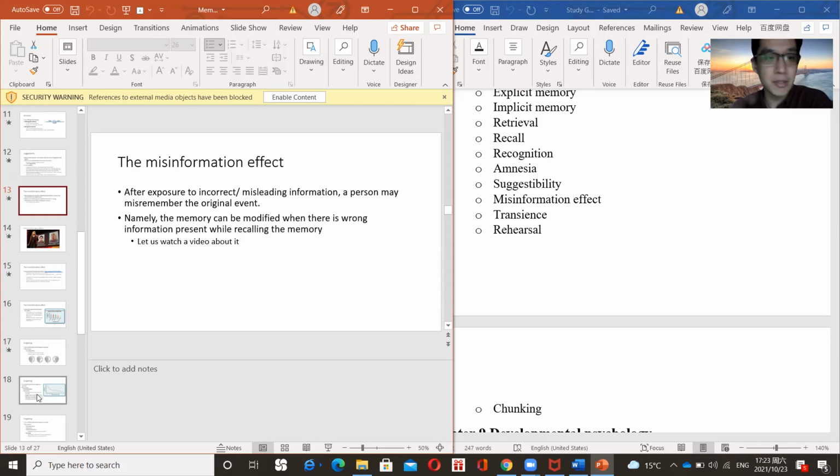The person misremembers the original event, so the memory is modified. So that is called the misinformation effect. Suggestibility and misinformation effect are very similar concepts.